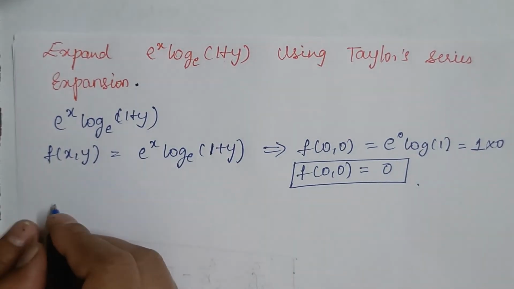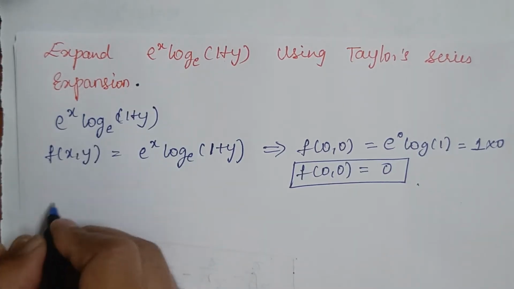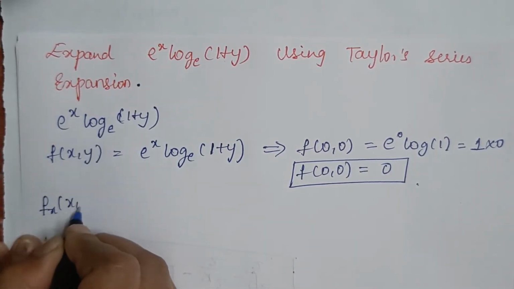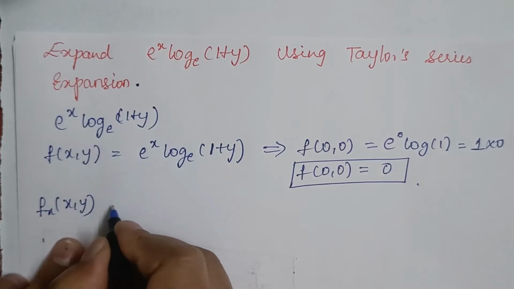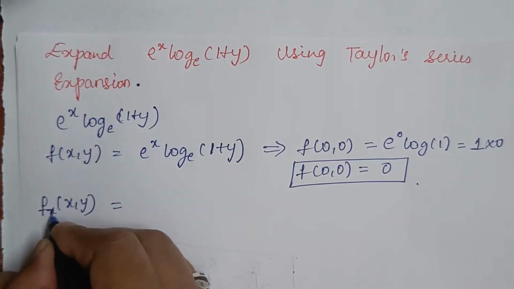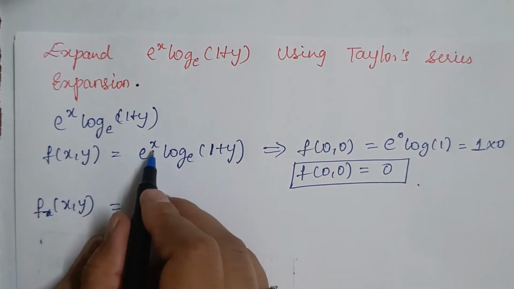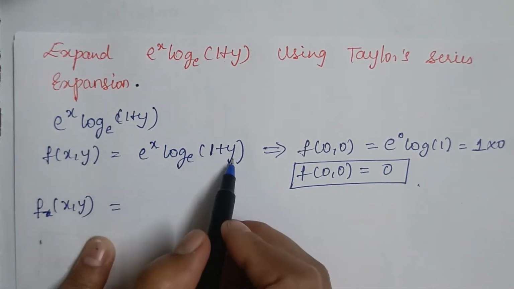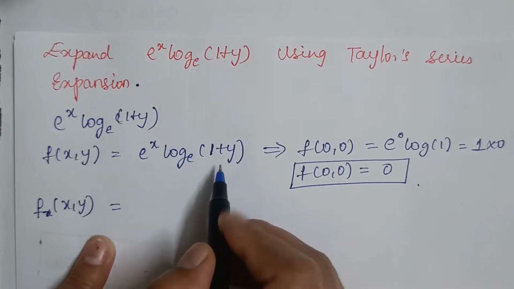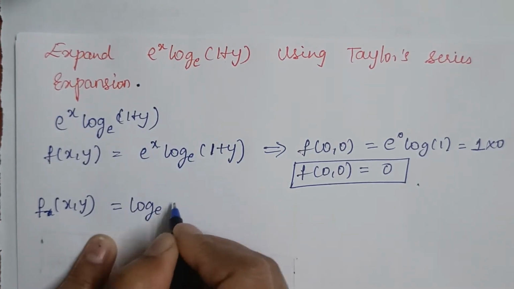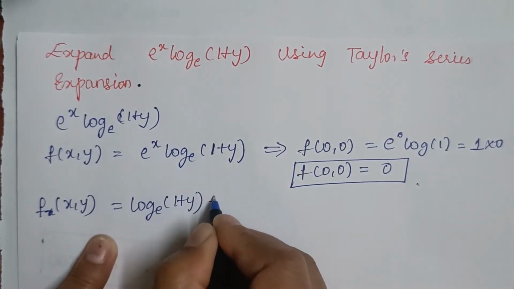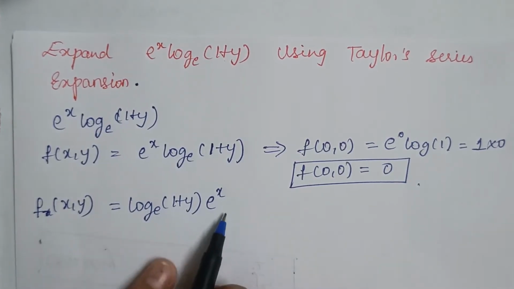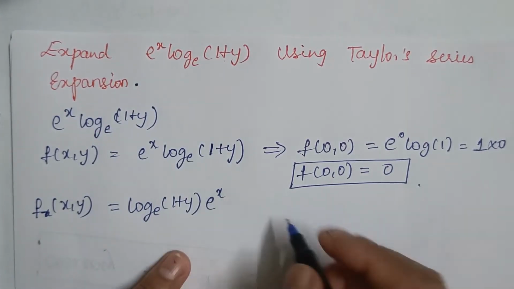Done. Now we will differentiate this with respect to x. Differentiation of e power x is e power x only, but we are not differentiating with respect to y, so this is a constant here, so I will write down the constant as it is and differentiate e power x. So differentiation of e power x is e power x itself.